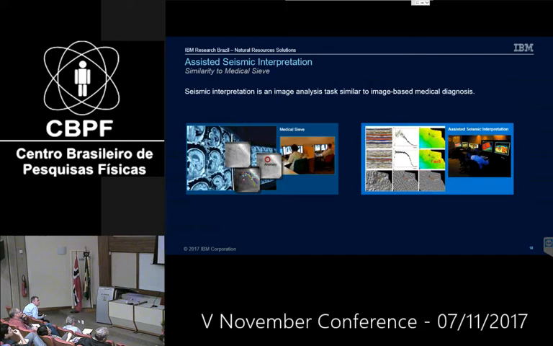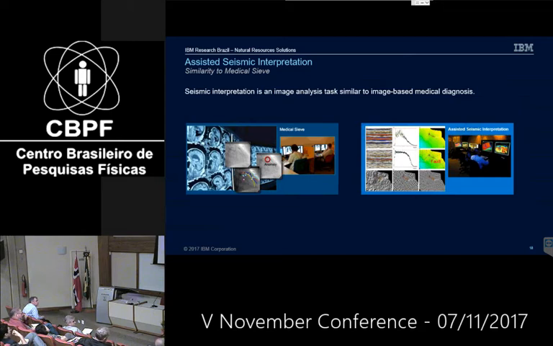And I say helping the interpreter, because I could be here saying we're trying to interpret the image and give the answer, but for us, it's very important to have the human in the loop, and that brings many interesting research questions. We have some cases of applying that to medical images, but it's not the same.